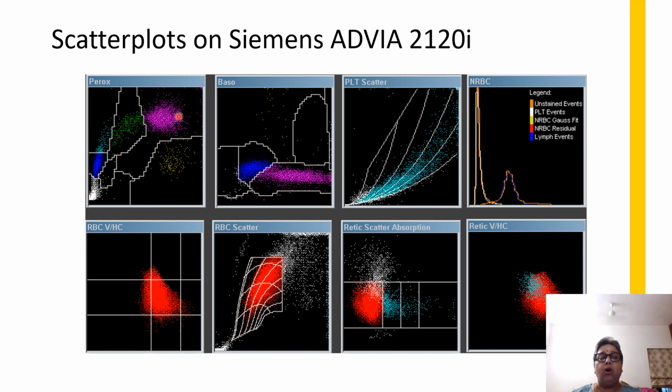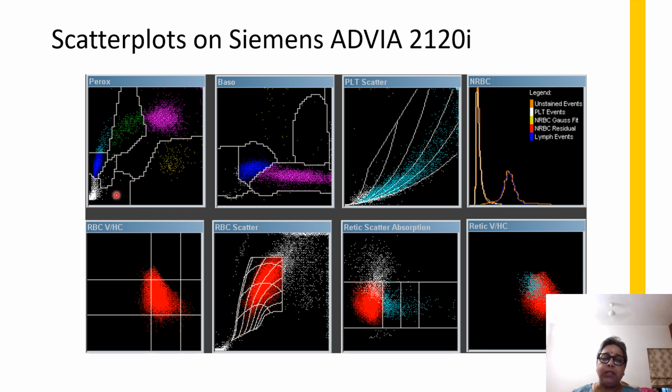So this is your WBC scatter plot, and instead of using a fluorochrome, we are using myeloperoxidase to stain the cells. As you all know, myeloperoxidase stains the myeloid cells, where the eosinophils stain more than the neutrophils, and the neutrophils stain more than the monocytes.